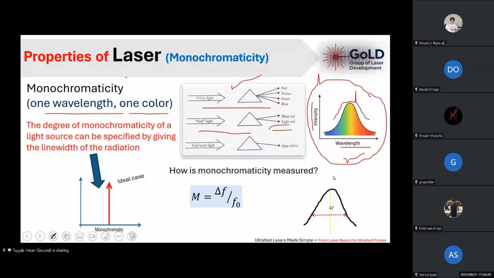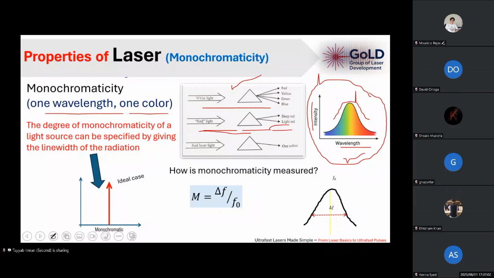So if it is white light, it disperses into the different colors, because white light contains all the colors. If the source is red, it is not white light, so it will disperse the red color, but maybe surrounding wavelengths of red as well.